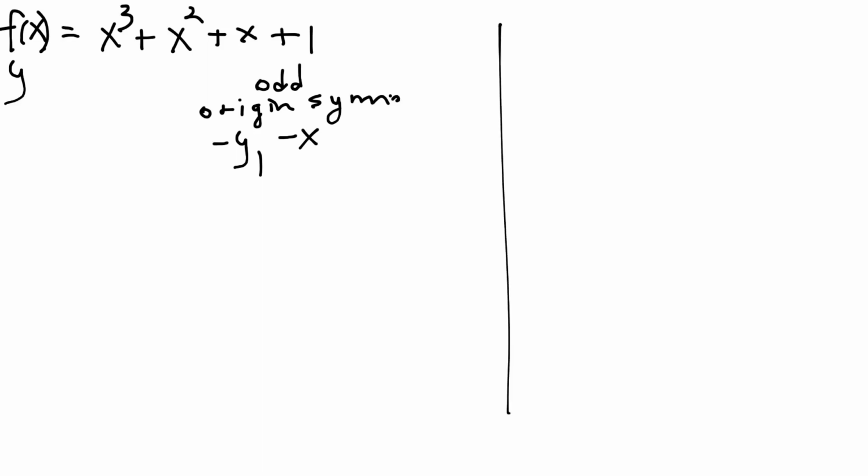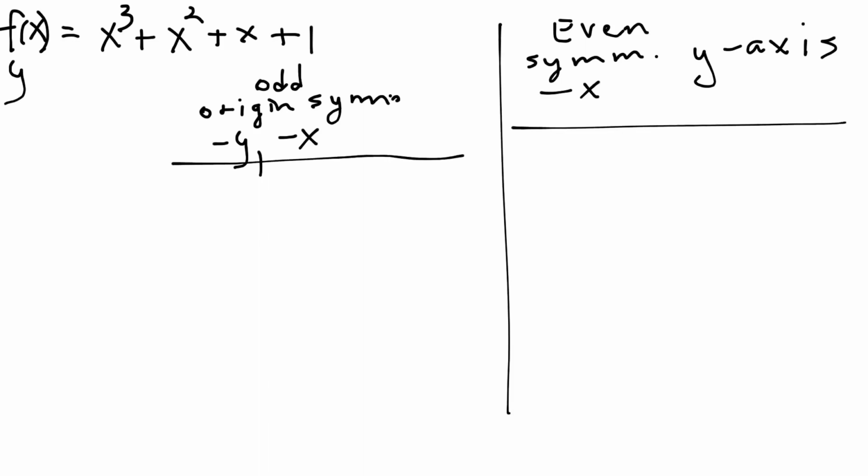And then we're going to check and see if it's an even function, which means it would be symmetric about the y-axis. The way we check for symmetry about the y-axis is replace x with negative x and simplify. All right, so let's do that.